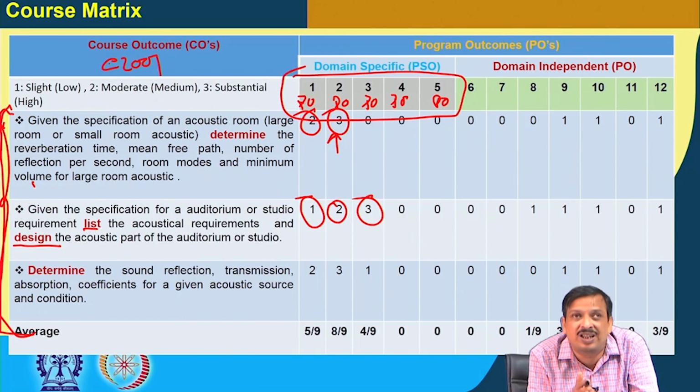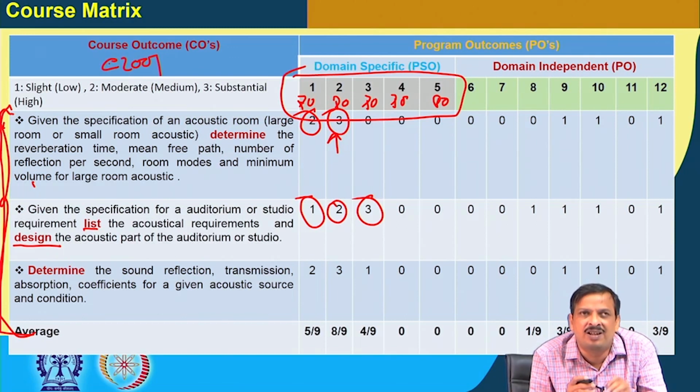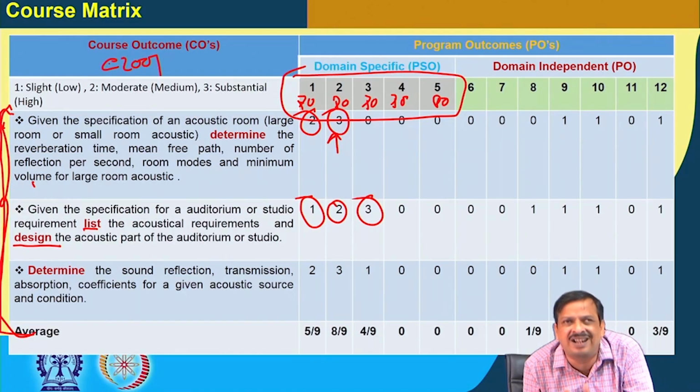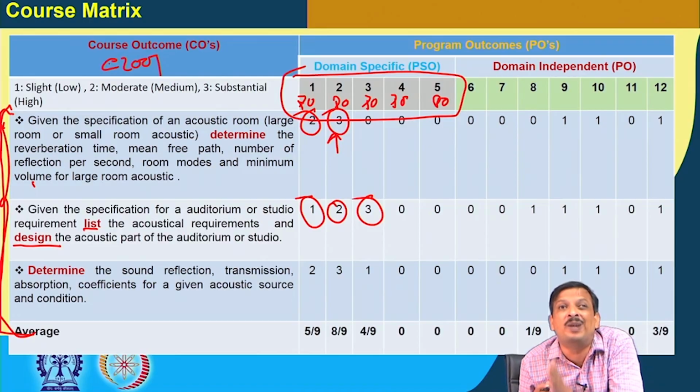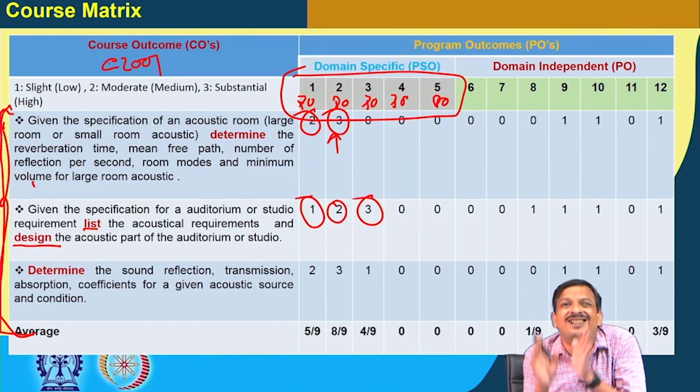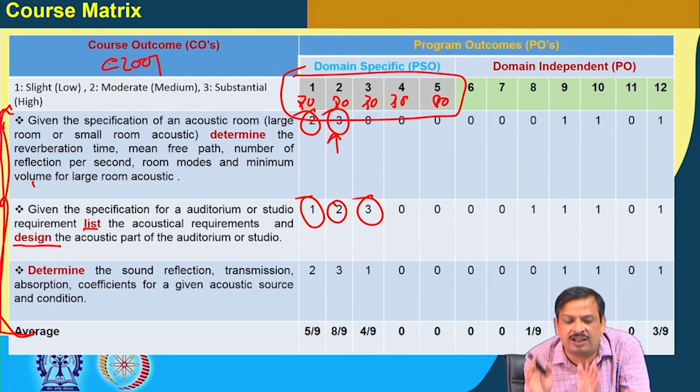So, I can say this CO is not only mapped with domain dependent PO, but also mapped with domain independent PO, but it is not directly matched, that is why I put 1, 1, 1.